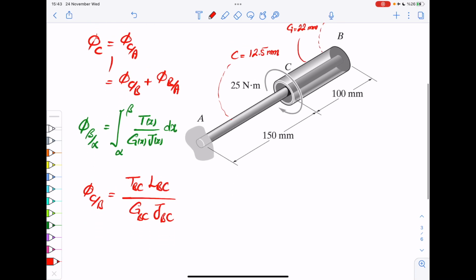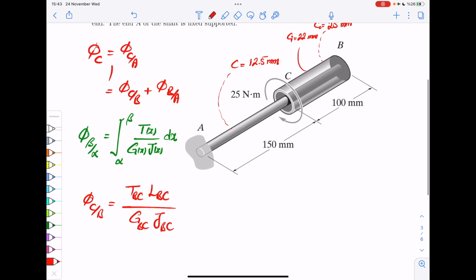That's one side of the problem. The other side is phi of B with respect to A. That is T_AB, L_AB divided by GJ.